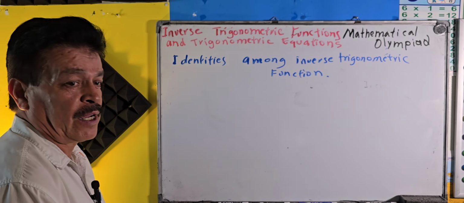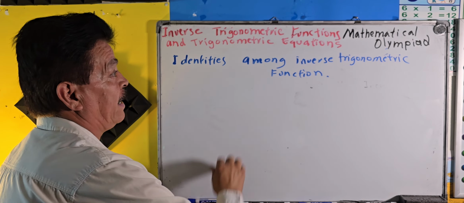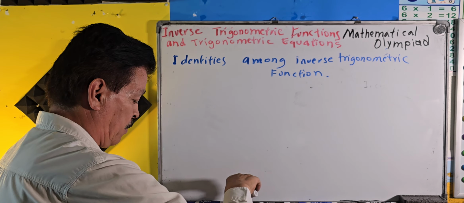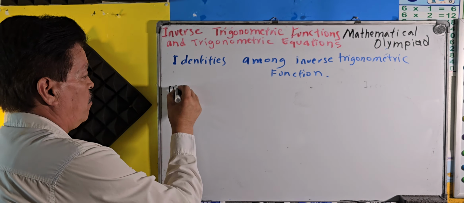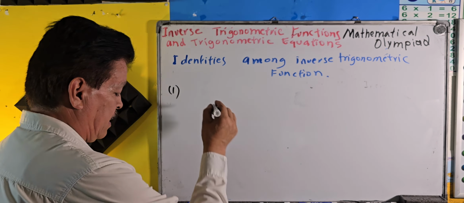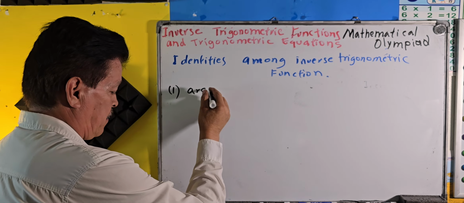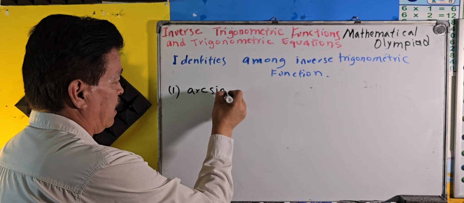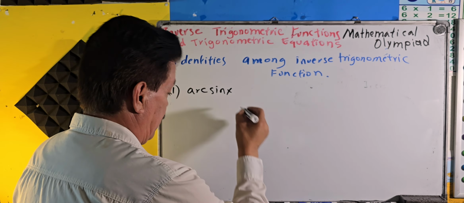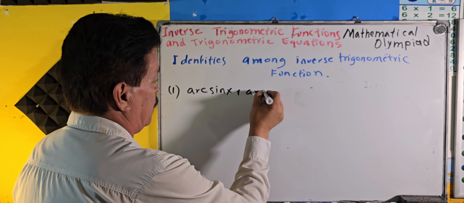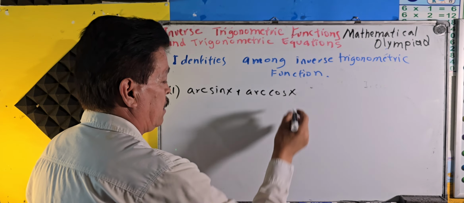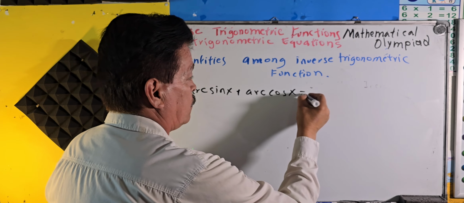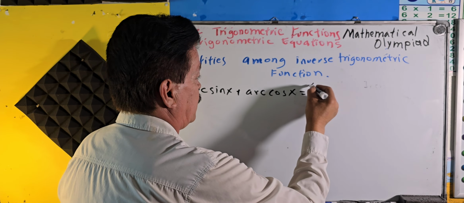There's another thing that we have to know before working on this kind of problem. So we have four. Number one, we have arcsine x plus arccosine x.